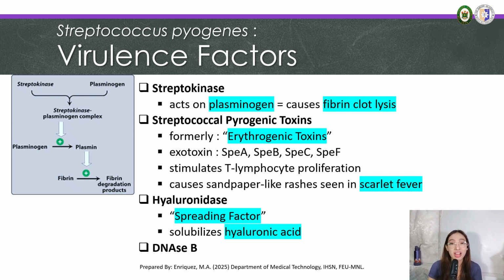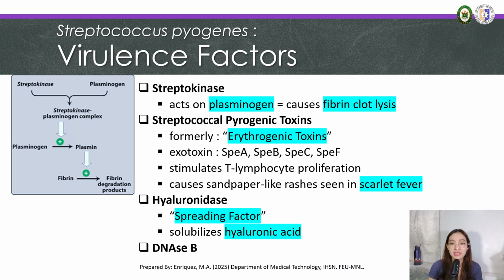Next, hyaluronidase is a virulence factor na kilala na rin natin, di ba? During our discussion on staphylococci. So hyaluronidase or the spreading factor is an enzyme that solubilizes hyaluronic acid. Okay? So this may then cause the separation of tissues and further spread of infection.